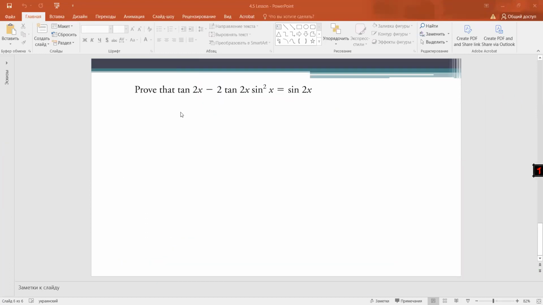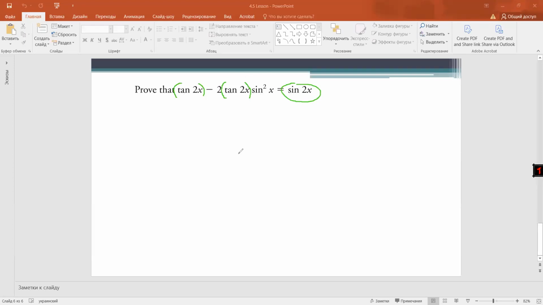Looking at the next one, we have to prove that tangent of 2x minus 2 tangent 2x times sine squared x equals sine of 2x. Here I can identify several identities. First of all, tangent of 2x, and sine of 2x again here; these are all double angle identities.